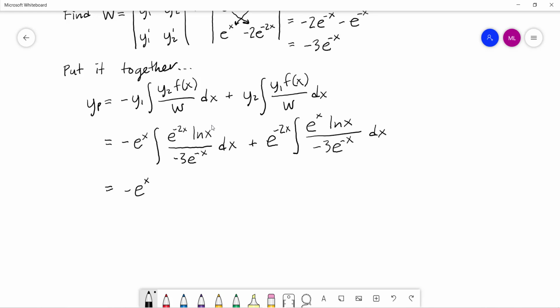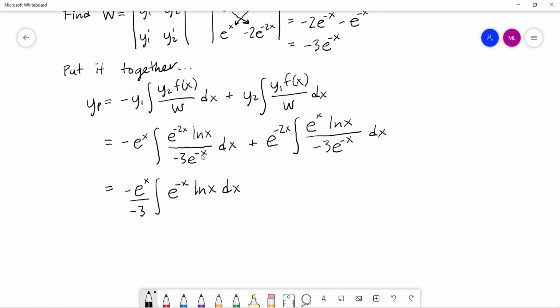So I'm going to get negative e to the x, and here, when I simplify this, we can pull basically this negative 3 out in front. We'll have our integral of this, dividing by e to the negative x is the same as multiplying by e to the positive x. So I should get an e to the negative x log of x dx for that term. Good.